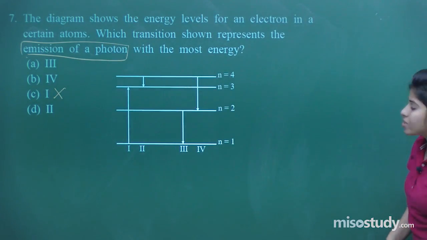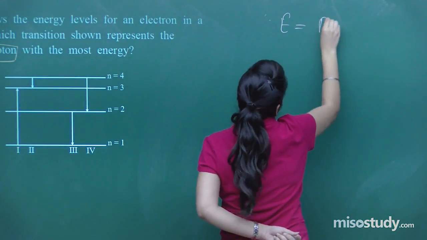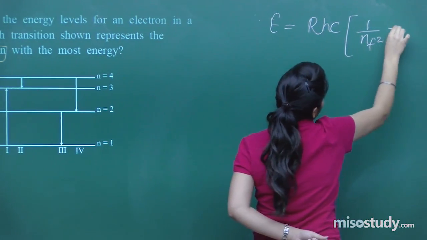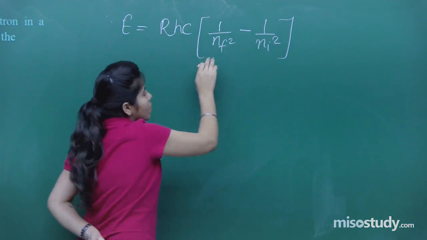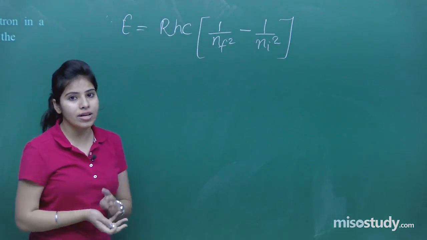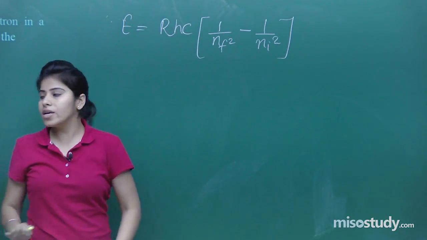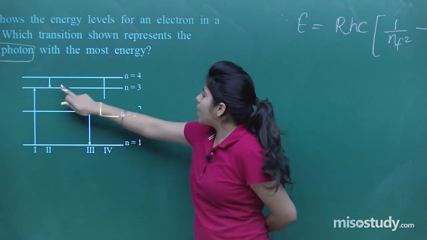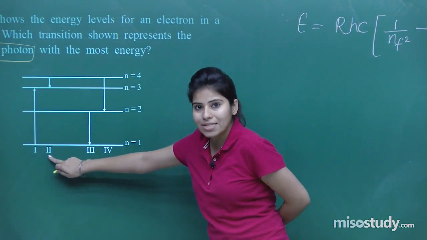So from here, what I can see is that we have the value of energy as 1 upon nf square minus 1 upon ni square, where nf is your final energy level and ni is the initial energy level. This is the formula for energy. What we are going to see in this case, it is coming from n equals 4 to 3. We are talking about the second one.